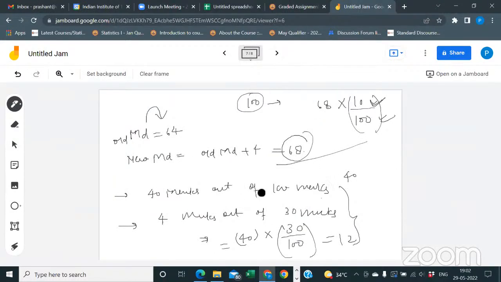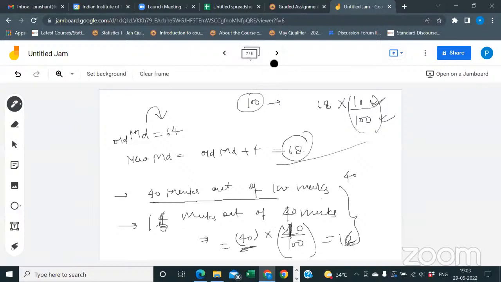Instead of 10, you multiply by 40 divided by 100. See, suppose you got 40 marks out of 100 marks. Then I can say I get 16 marks out of 40 marks. If I convert these 40 marks into 40 points, then it will be 16.